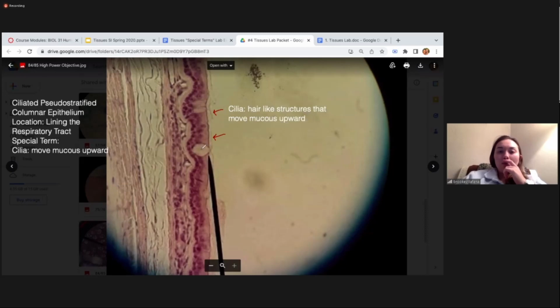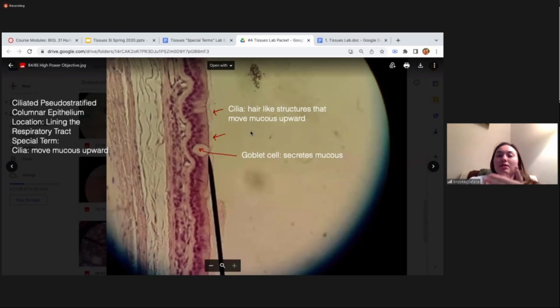This is a goblet cell right here. So it's the same goblet cell we would see in our simple columnar. This goblet cell also secretes mucus. Now, what do you guys know about mucus and the respiratory tract? When you get sick with a cold, you cough up mucus, or maybe you get dust in your lungs and you cough up phlegm with dirt in it.